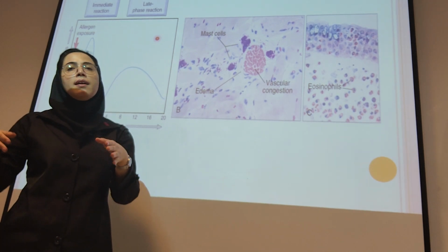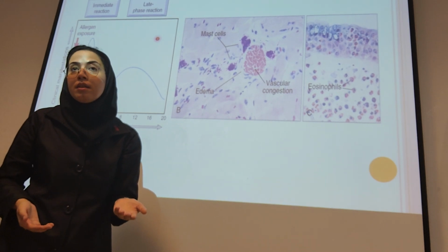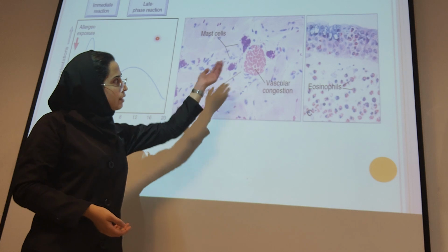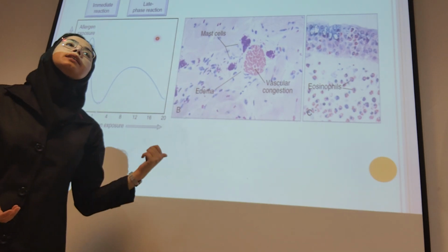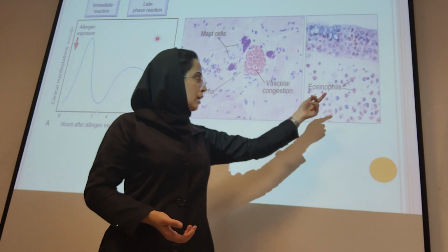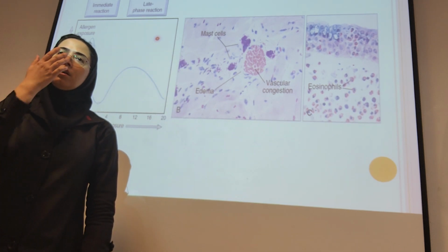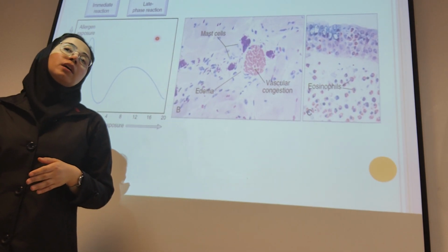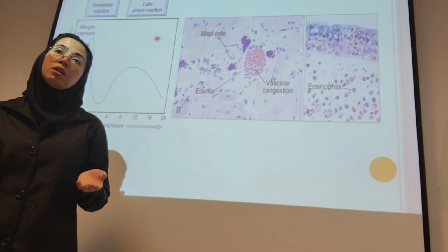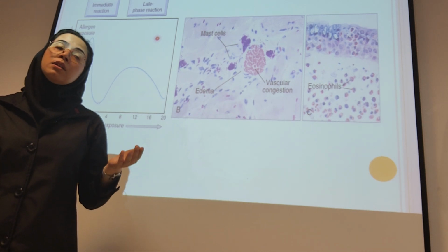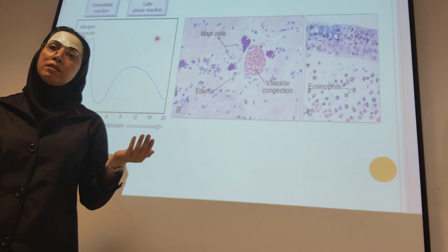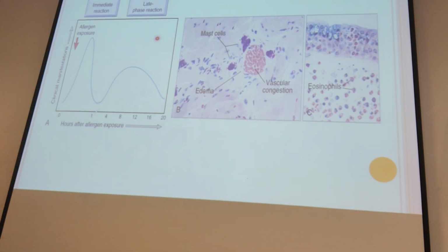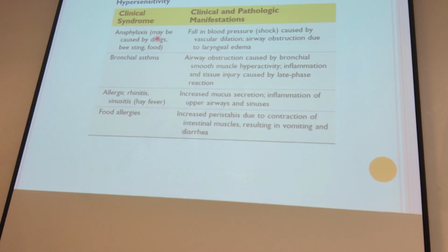I told you that early I have mast cells. Yes, and here I have mast cells, and I have edema and vascular congestion. So it is early. How about this one? I have eosinophils. Late. Late because for eosinophils I should have activation of cytokines, and that happens late. Okay? So here we have mast cells, so it is early.